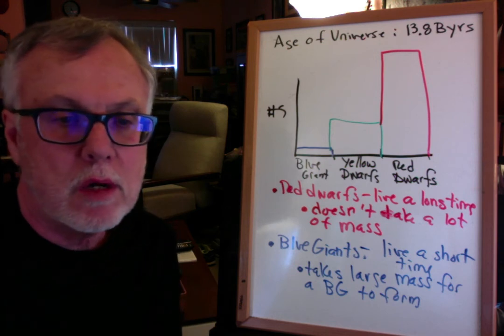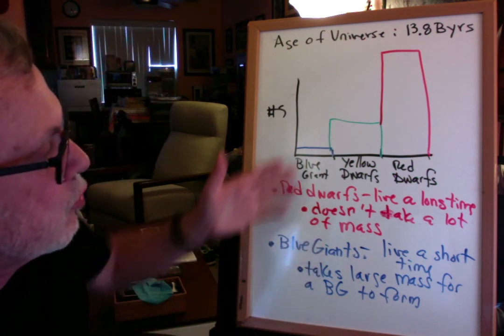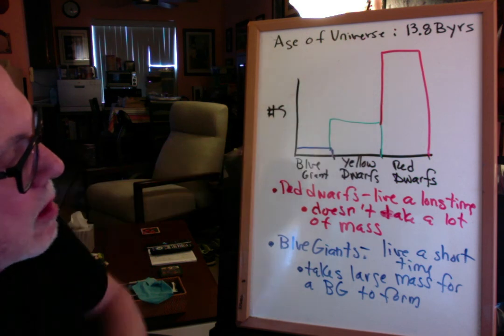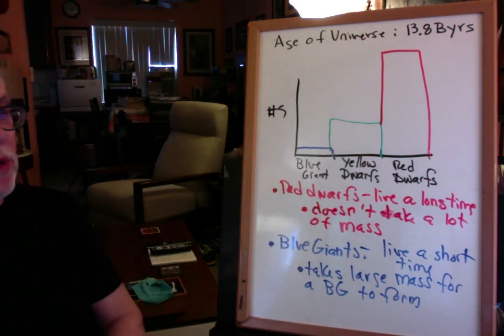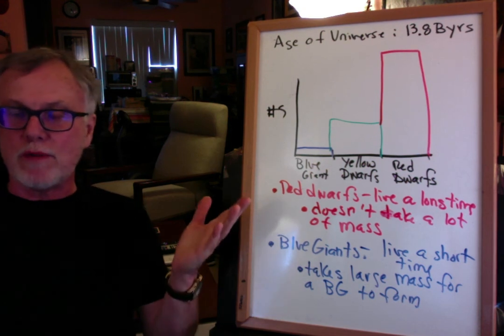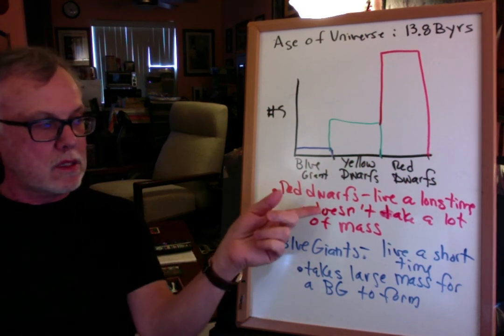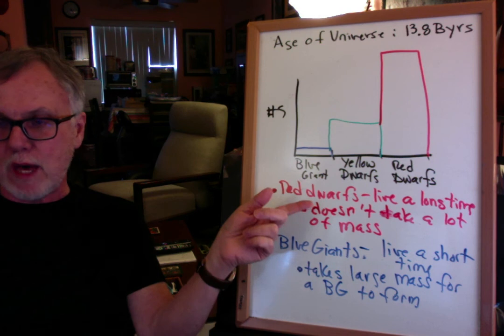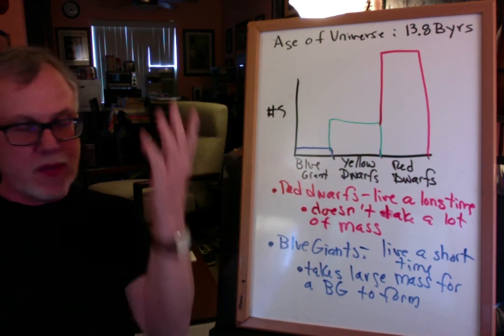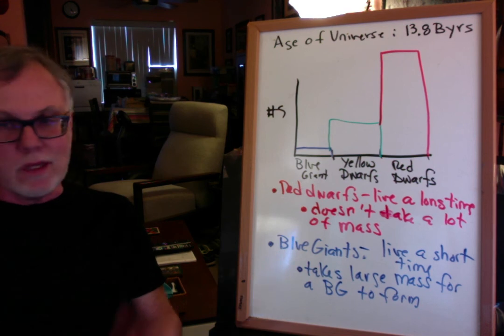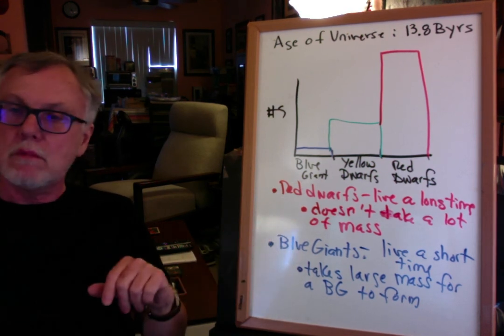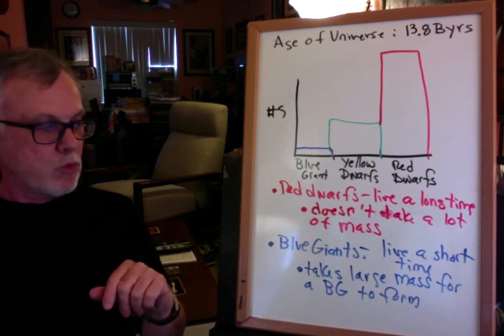So the issue here is that we have this relationship of numbers of stars. If I ask you on the exam for Unit 2, which is the most common? Obviously red dwarfs. Why? Doesn't take a whole lot of mass to make them, so they're more common to be formed, and they live forever. None of them have died yet. What's the least common? The blue giants. Why?